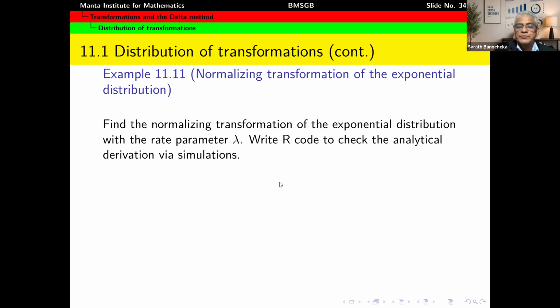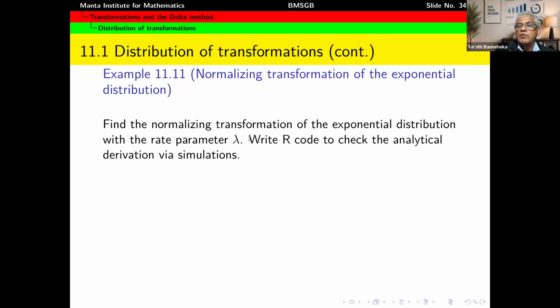So let's look at an example. Suppose you have some data from an exponential distribution with rate parameter lambda. In general, suppose the rate parameter is lambda. First of all, we can come up with the theory and then use the corresponding lambda when you are generating practically. So write R code to check the analytical derivation via simulation.